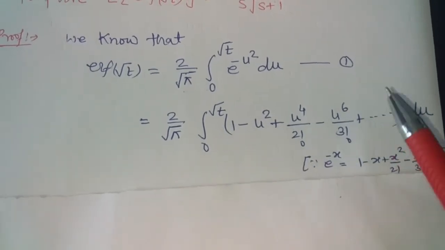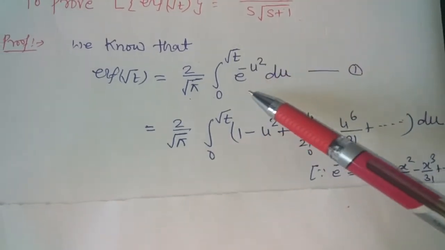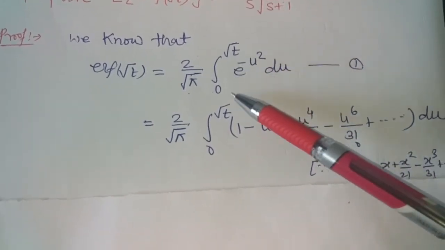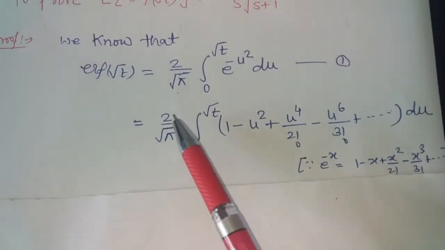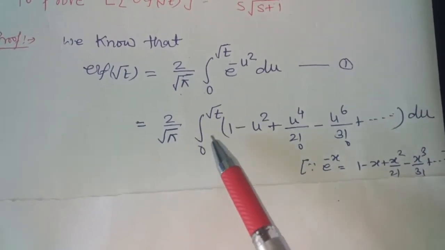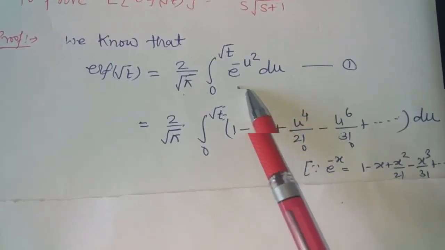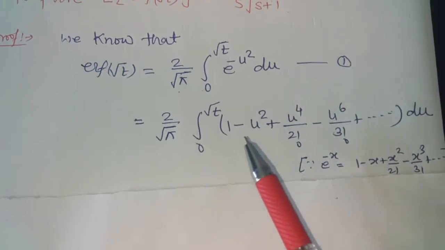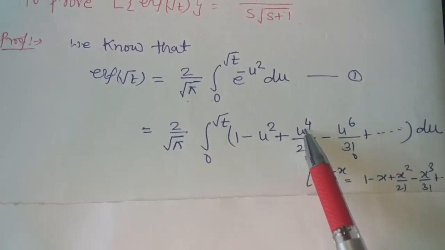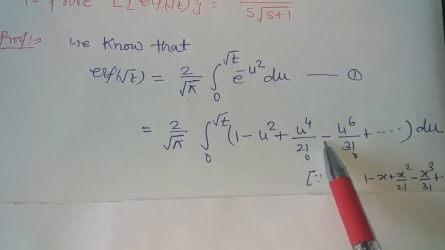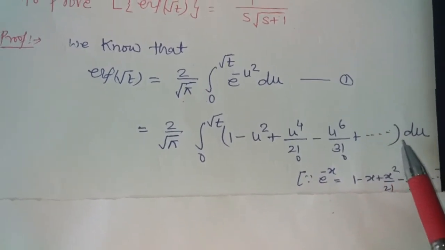Here in place of x we have u square, so using this expansion we get 2 upon root pi, the definite integral with limit 0 to root t of 1 minus u square plus u power 4 upon 2 factorial minus u power 6 upon 3 factorial plus so on.